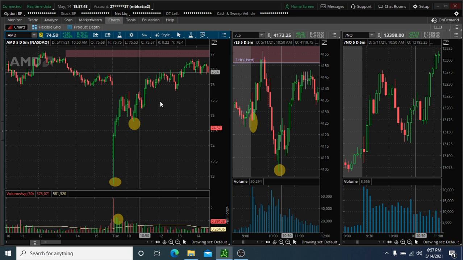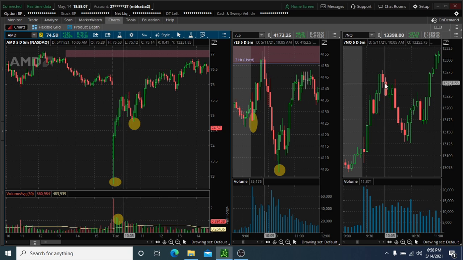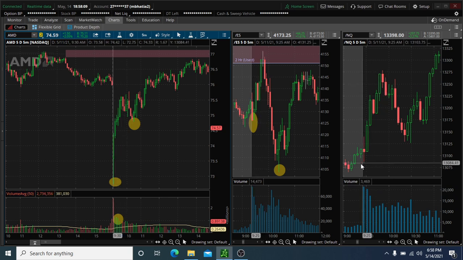Another rule is that if ES and NQ are making a nice move higher, then I don't want to fight the trend. I'm only looking for long opportunities. I don't want to consider short opportunities at all. I just want to go with whatever the trend is. In this case, you can see that ES didn't really have a direction, but NQ was moving nicely, also forming higher lows.